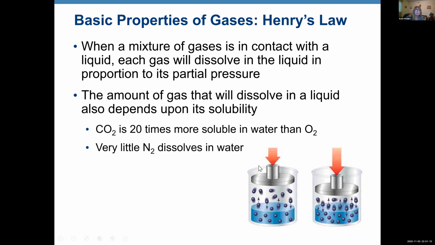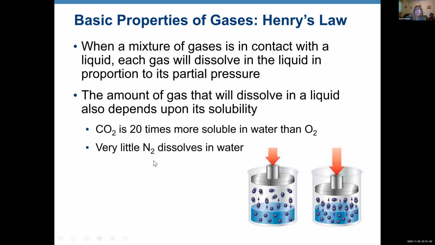So the amount of gas dissolved in a liquid depends on its partial pressure, or its concentration, and its solubility, how well it dissolves. Like carbon dioxide, for example, is 20 times more soluble in water than oxygen.